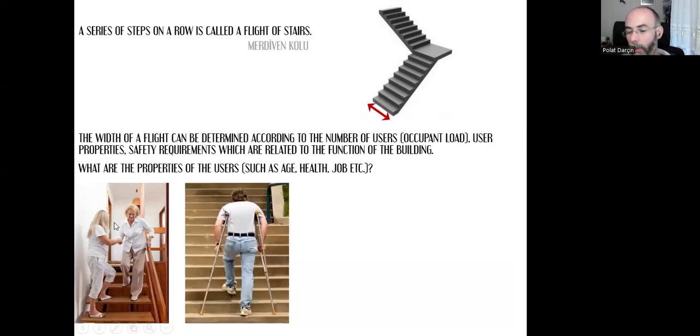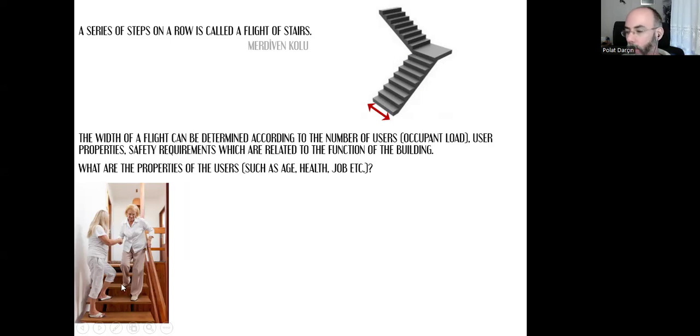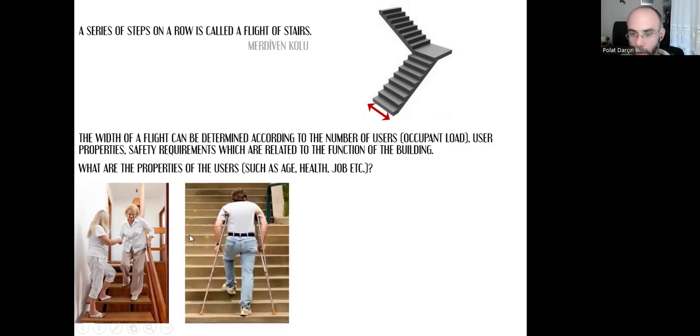This can be valid for kindergarten children as well. They need to be chaperoned by their teachers while they are using the stairs. Again, we need to take it into consideration.